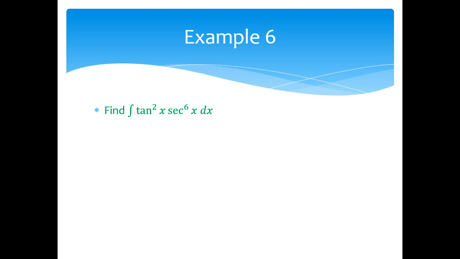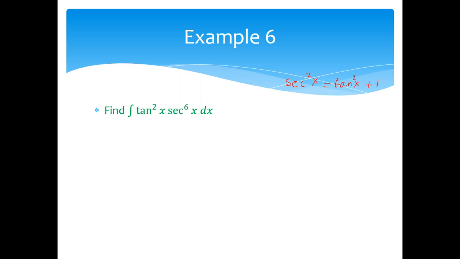Right now, we are going to use a similar identity that secant squared of x is equal to tangent squared x plus 1.